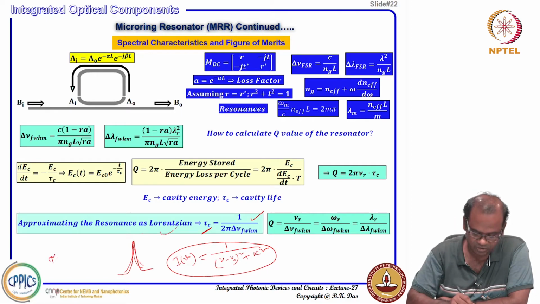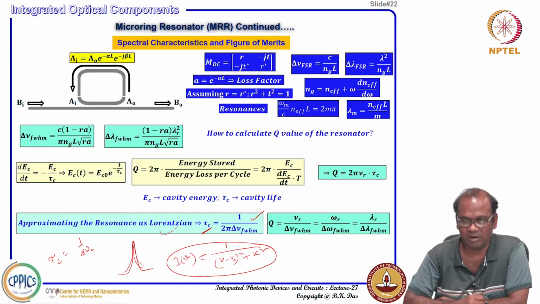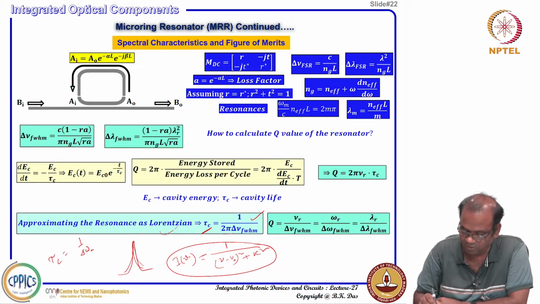Basically, tau c equal to 1 by delta omega c, the angular frequency bandwidth, which is 2 pi delta nu. We put this tau c expression here, 2 pi cancels, nu r is in the numerator and the denominator is delta nu.